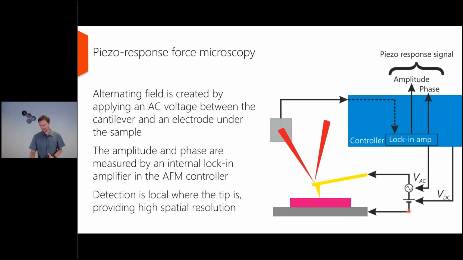And what I've observed is that generally you get the nicest contrast if you keep the tip at ground and you apply the AC voltage to the sample substrate. And as said, amplitude and phase are measured by the lock-in amplifier. And you can now measure locally where the tip is on the sample, what the piezo response is, giving you the high spatial resolution that you want to have.